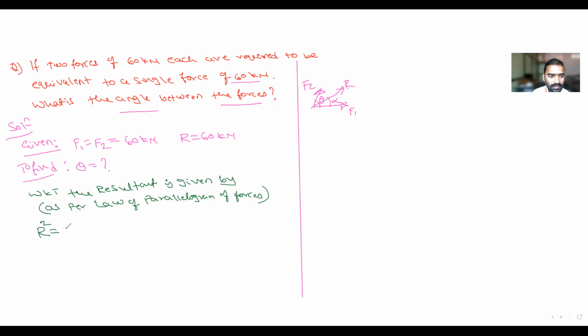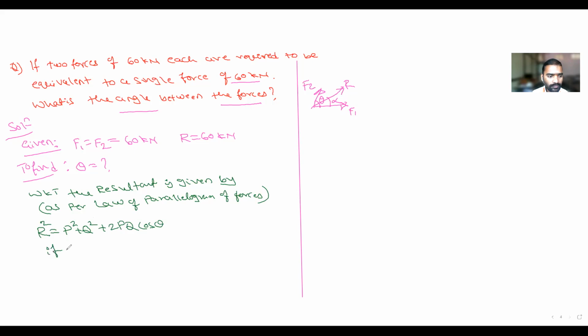Squaring both sides, R square is equal to P square plus Q square plus 2PQ cos theta. You can take P and Q, or F1 and F2. Whatever it is, I will take P and Q.